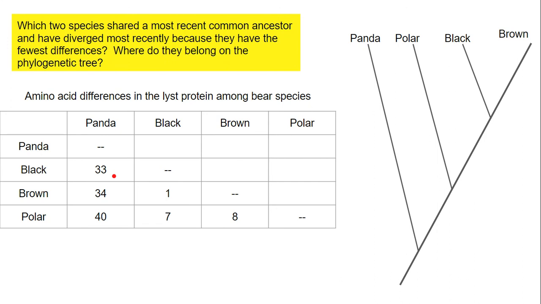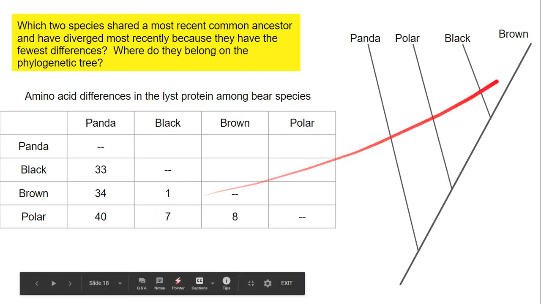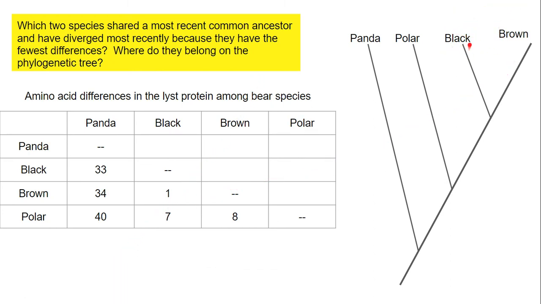Next, which two species shared, sorry, I got the answers in here. Which two species shared a most recent common ancestor and have diverged most recently because they have the fewest differences? Where do they belong? Again, even though I messed up on my slideshow here, you can see the black and the brown have one, and they go there.